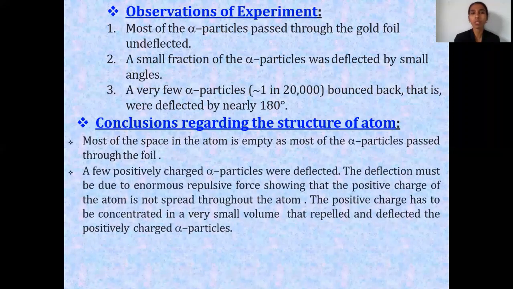Now second conclusion is that a few positively charged alpha particles were deflected and the deflection must be due to enormous repulsive force, showing that the positive charge of the atom is not spread throughout the atom and the positive charge has to be concentrated in a very small volume that repelled and deflected the positively charged alpha particles.